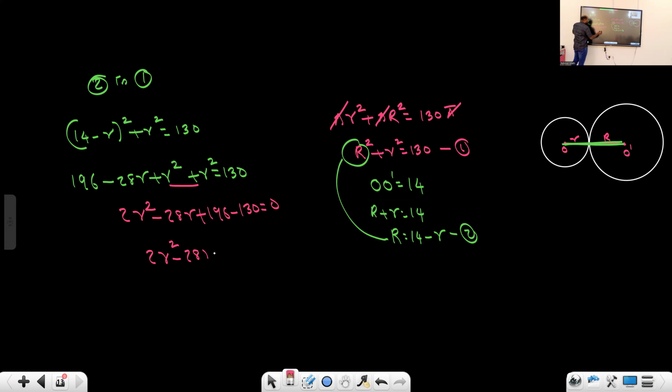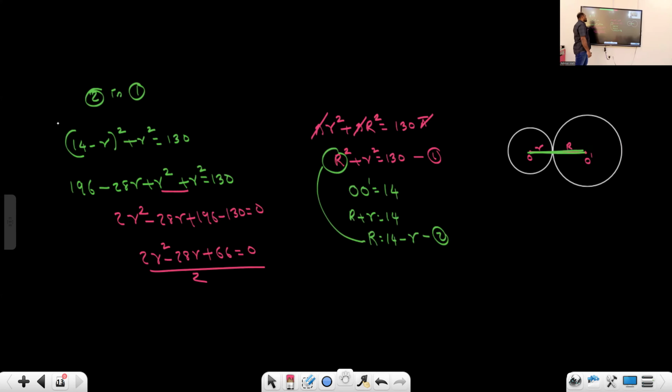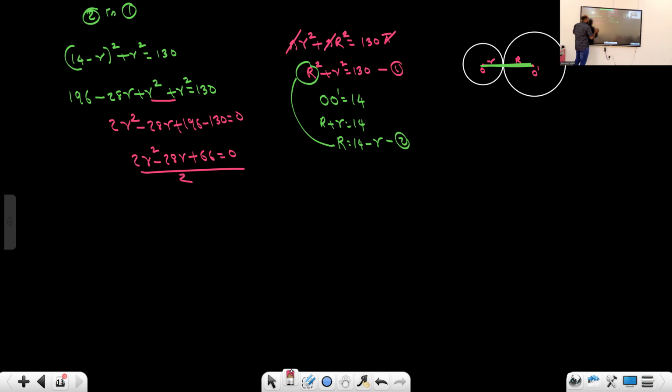So 2r square minus 28r plus 66 equal to 0. We can divide throughout by 2. When you divide, you will get r square minus 14r plus 33 equal to 0. Do splitting the middle term, 11 and 3.